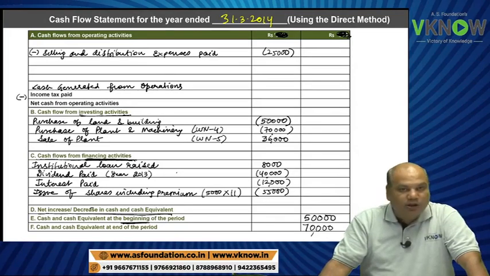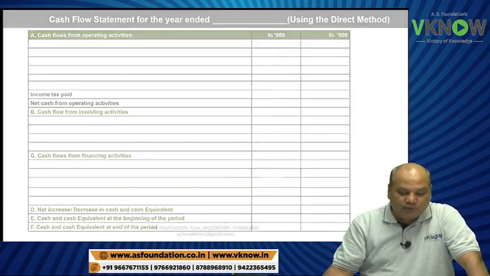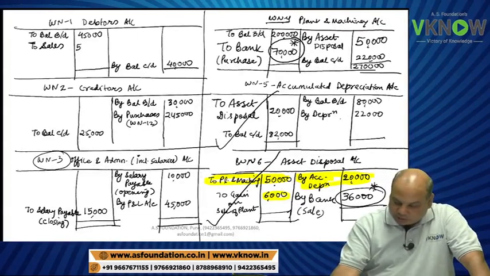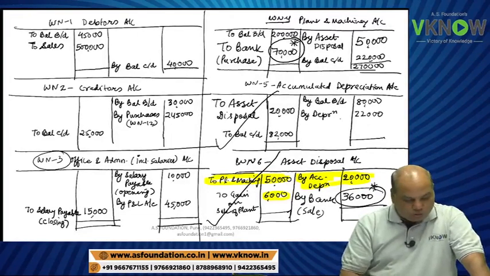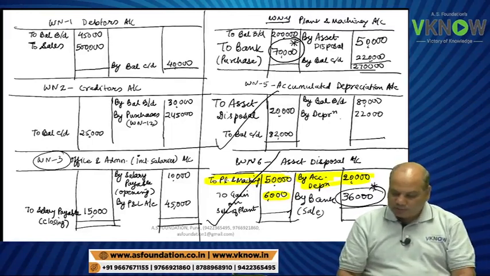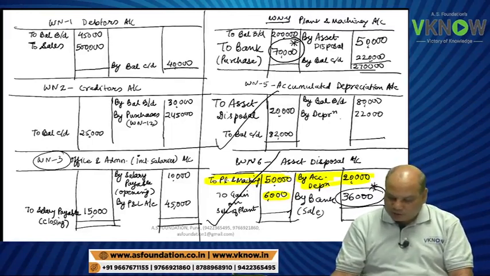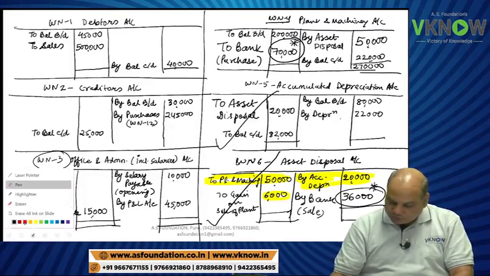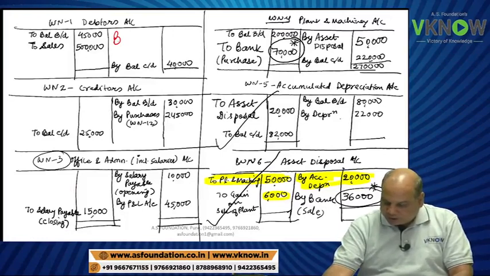Okay, so we have completed all adjustments. So those accounts which are open, find out the balancing figure and transfer to respective places. Like for example, this debtor account: to balance brought down 45,000, by balance carried down 40,000, and there is a sales also. So the missing figure would be by bank collection.